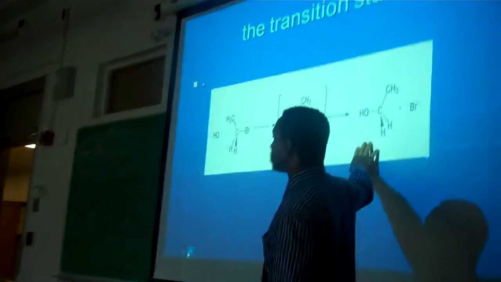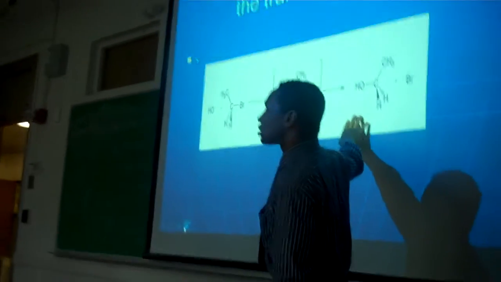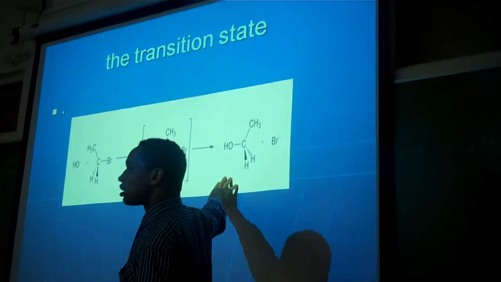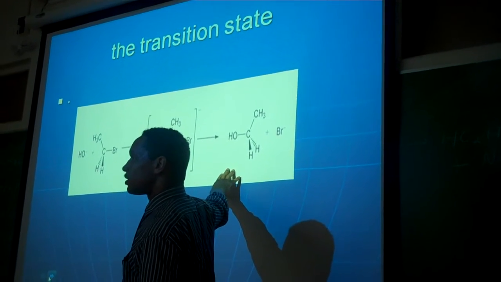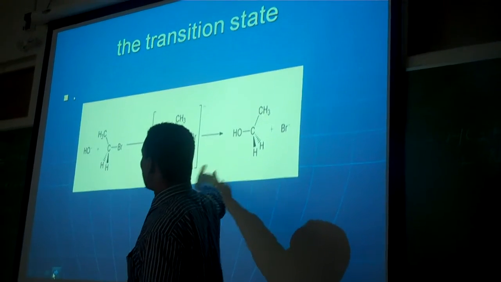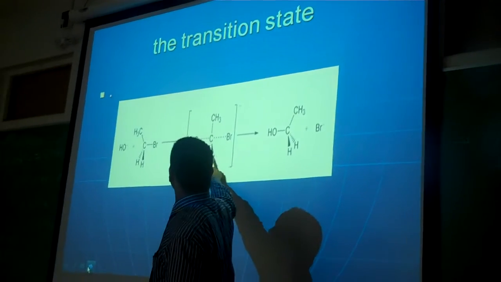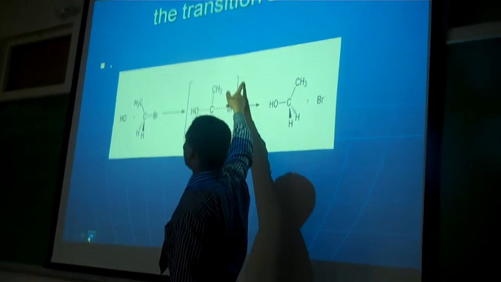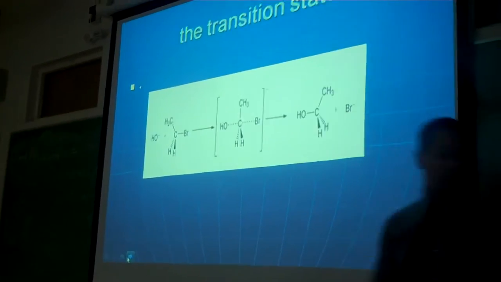Transition state. This is SN2. There's only one minus charge. It doesn't have that double plus thing.